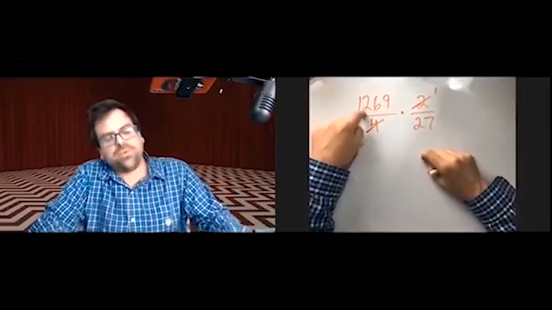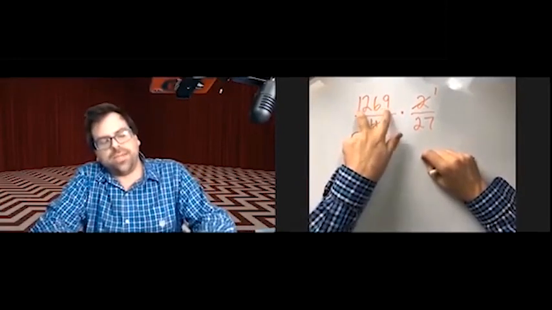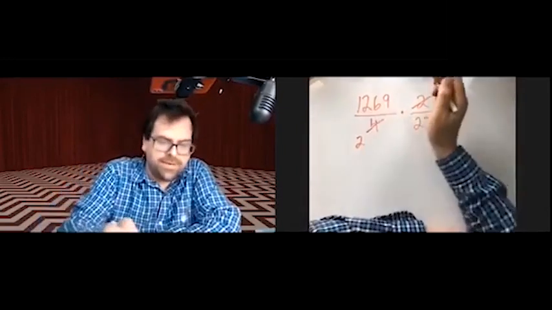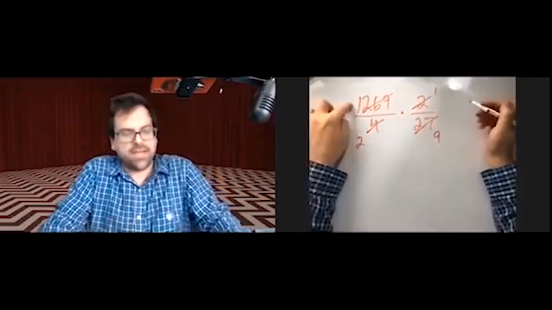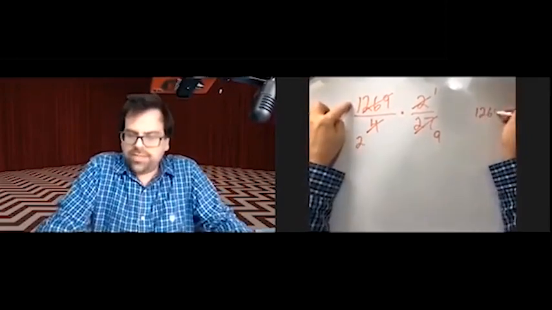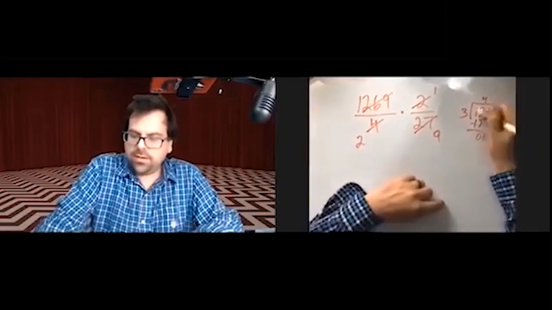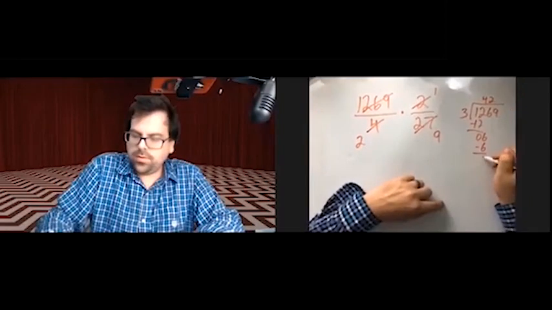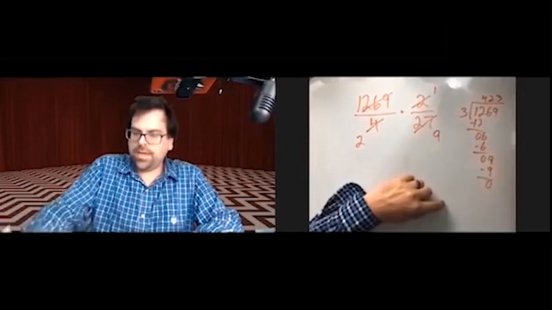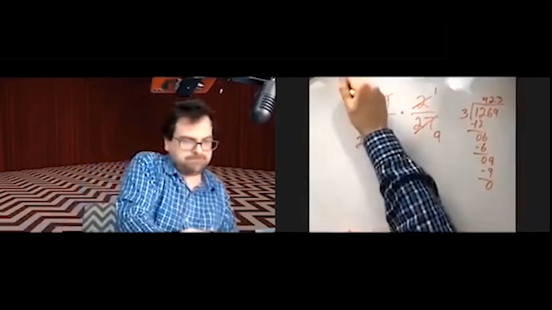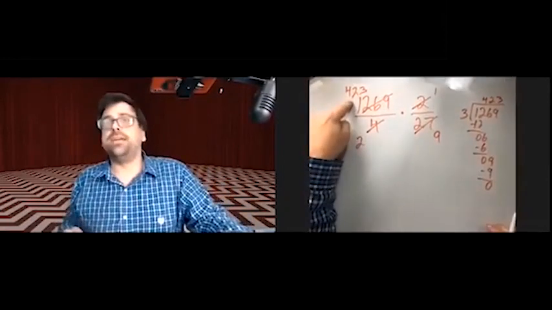1,269: 1 plus 2 is 3, plus 6 is 9, plus 9 is 18, which is a multiple of 3. So we can divide by 3. 27 divided by 3 is 9. 1269 divided by 3 is 423. 4 plus 2 is 6, plus 3 is 9.